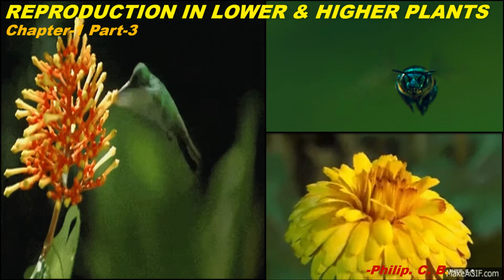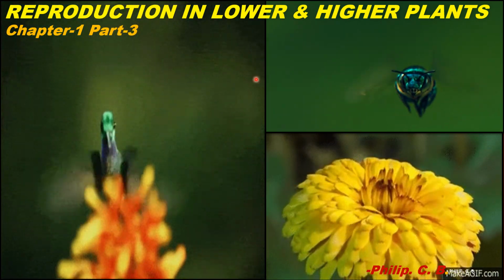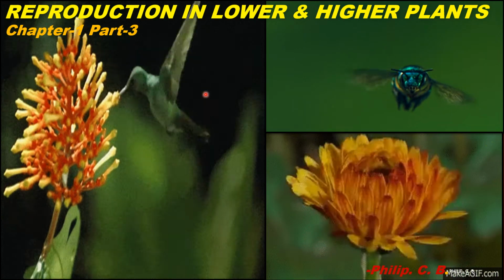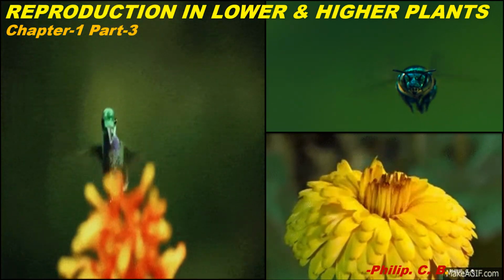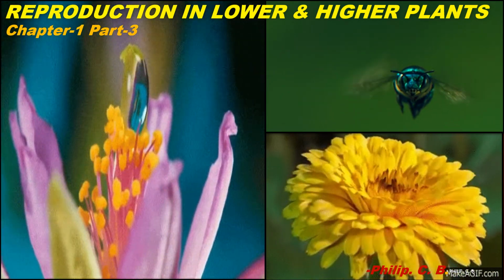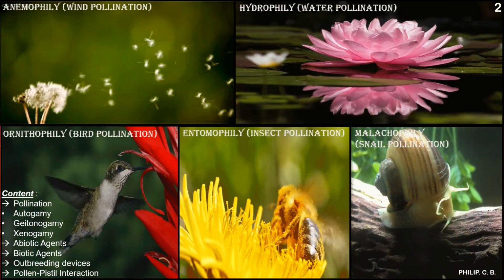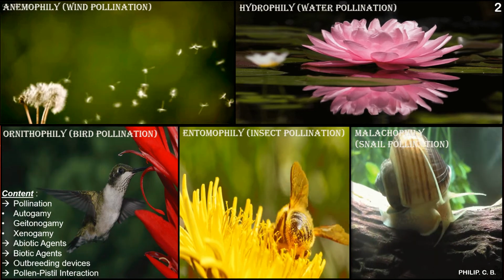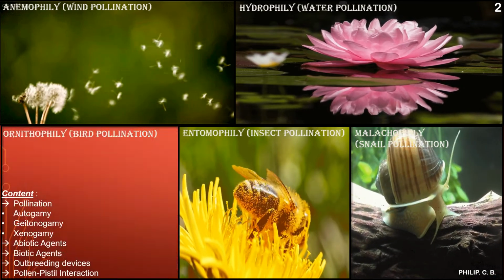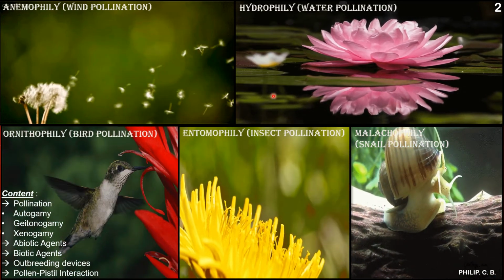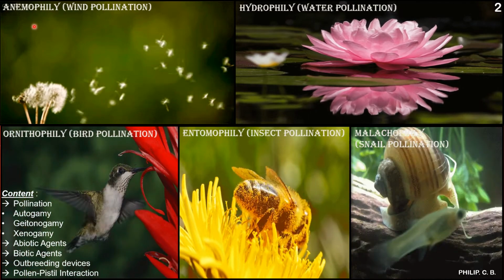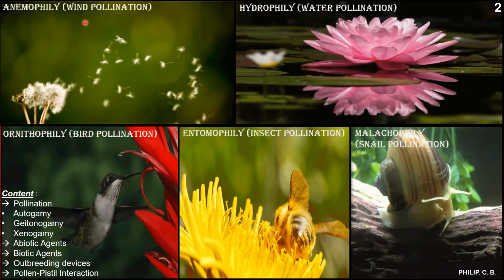Now in the present slide you can see bird pollination and bee pollination, that is ornithophily and entomophily. Now moving further, in the second slide I have also kept a few more animation images which help us to learn more about the chapter. So here we can see anemophily, that is pollination done by wind.